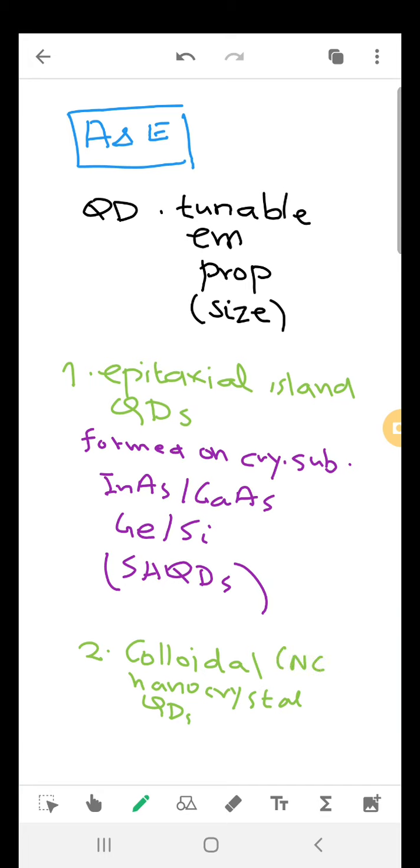They have been utilized as improved luminescent labels for biological molecules.